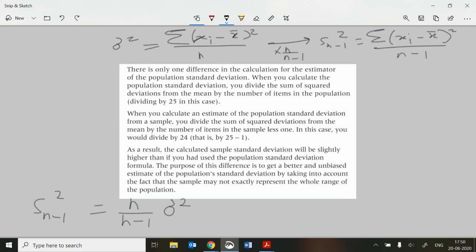But if you've got your data and maybe you've even got your calculation and you want to find the standard deviation for the population based on the standard deviation of the sample, and this is the standard deviation of the sample, just as it would be the standard deviation of the population if you put in mu, then you would just need to do this correction here. So that's how you go from one to the next.